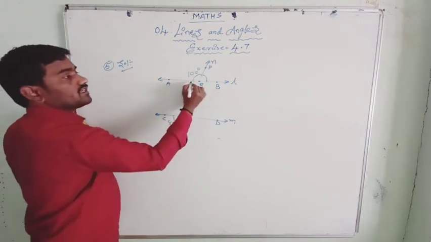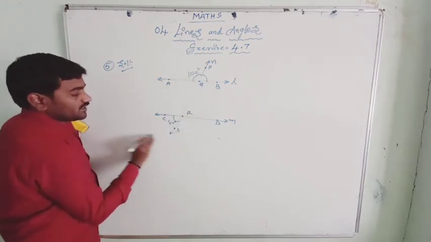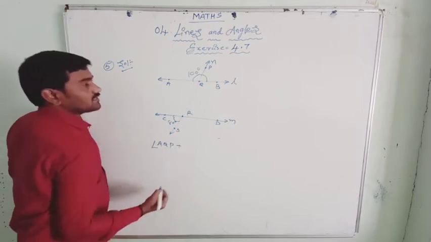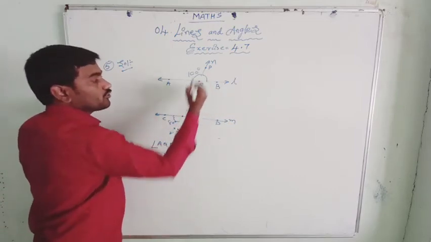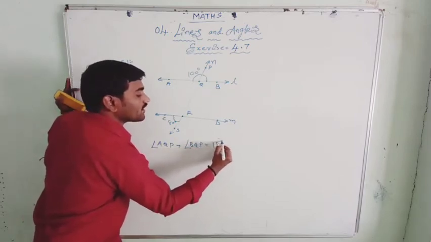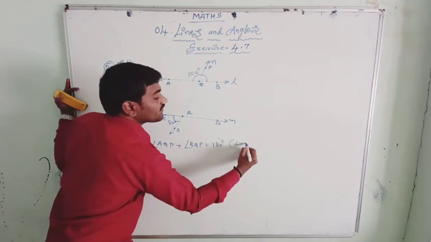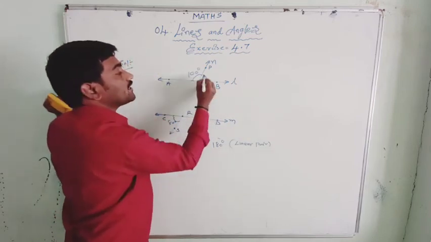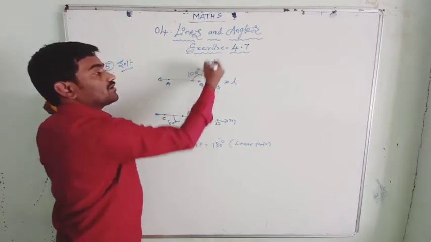By the linear pair condition here, angle AQP plus angle BQP is equal to 180 degrees. These two make a linear pair because they have a common vertex and a common arm.